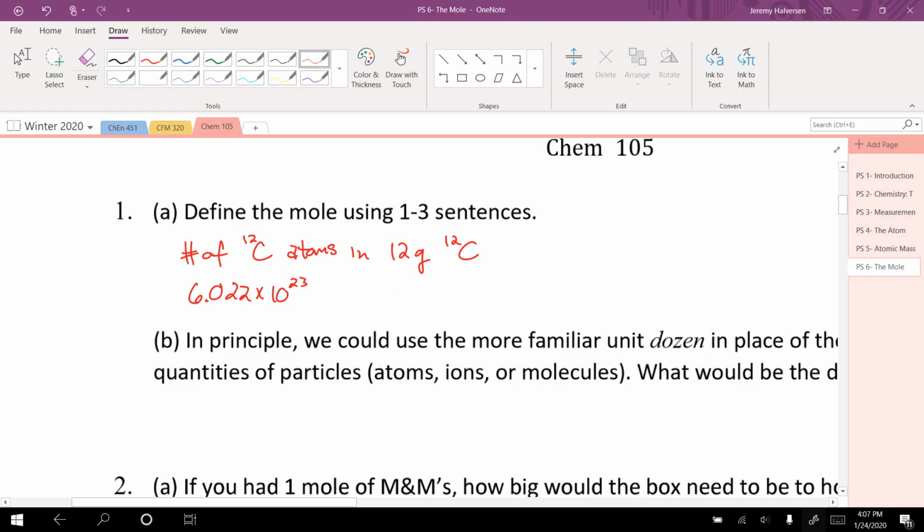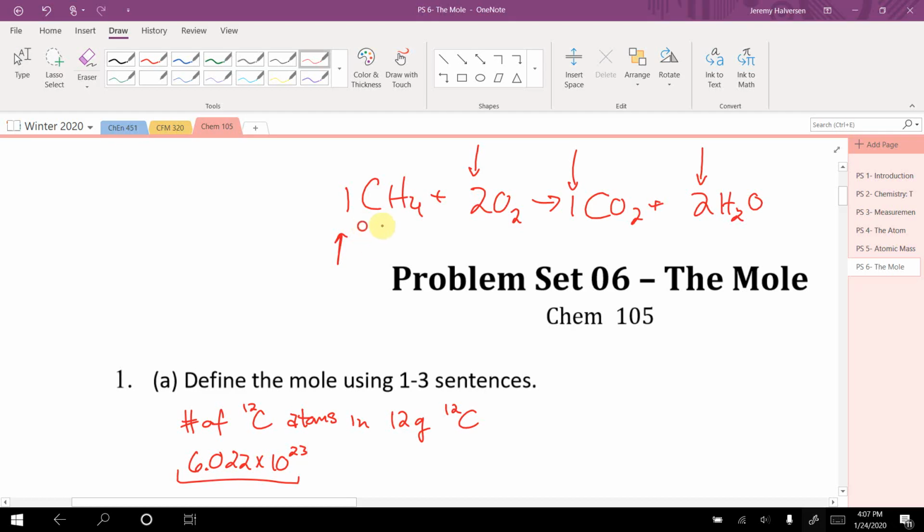Basically, we define this giant number so we can talk about molecules and atoms in amounts that are large enough for us to measure and handle in real life. In other words, it takes a ton of molecules or atoms to get an amount that's reasonable to deal with.